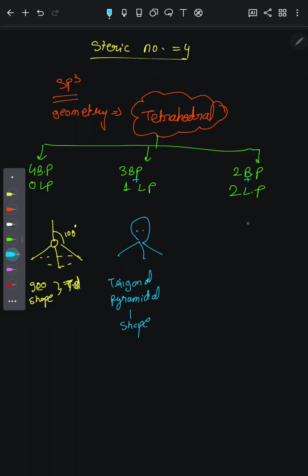And in the 2 bond pair 2 lone pair molecule, as we have seen in the case of water, this is H and this is oxygen. We know that it has 2 lone pairs, so the shape will be bent, V shape or angular shape.